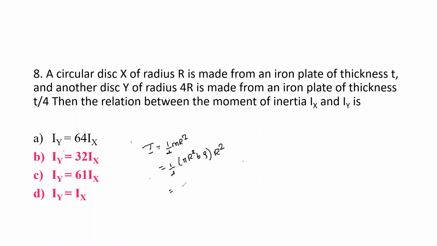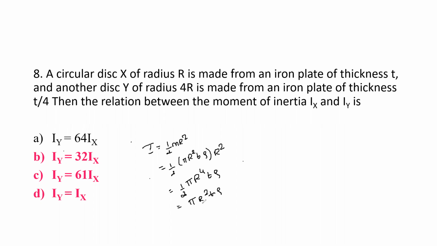So this is equal to 1 by 2 pi r square into r square. It becomes r raised to 4 t into rho. As we know that density is equal to mass per unit volume, therefore this equation can also be written as pi r square t into rho.